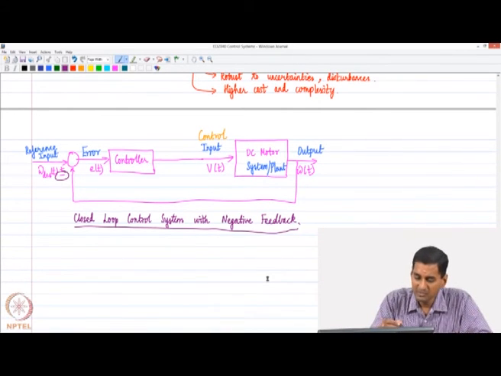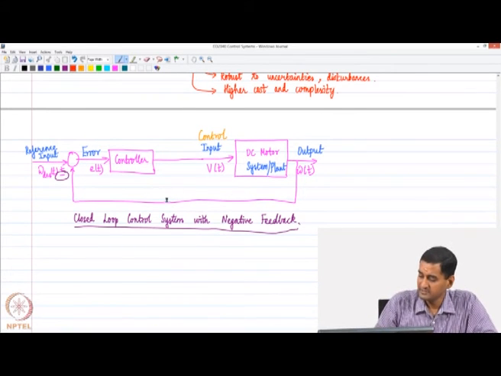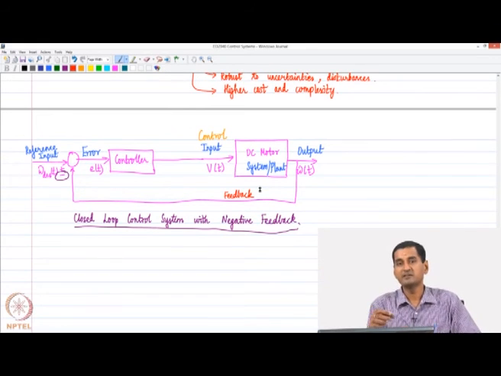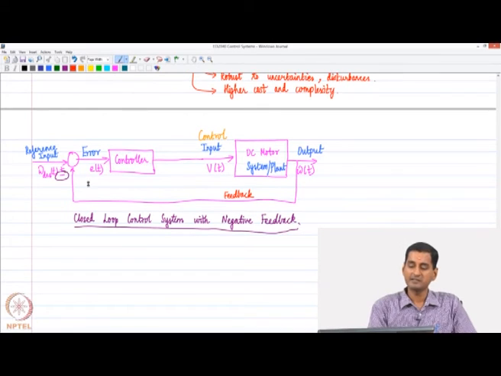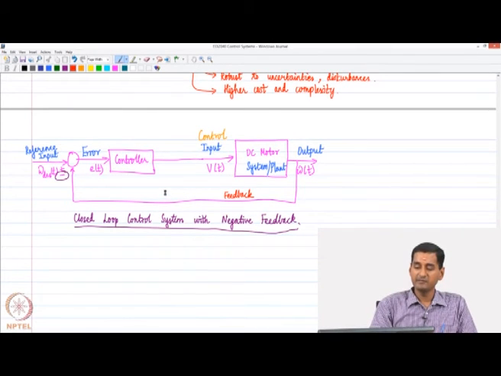Okay. So, some more terms that I want to introduce here is that this process of essentially taking this output measurement and feeding it back, giving it back is what is called as feedback. This is what is called as a feedback path. Typically, we can have a mapping in the feedback path.